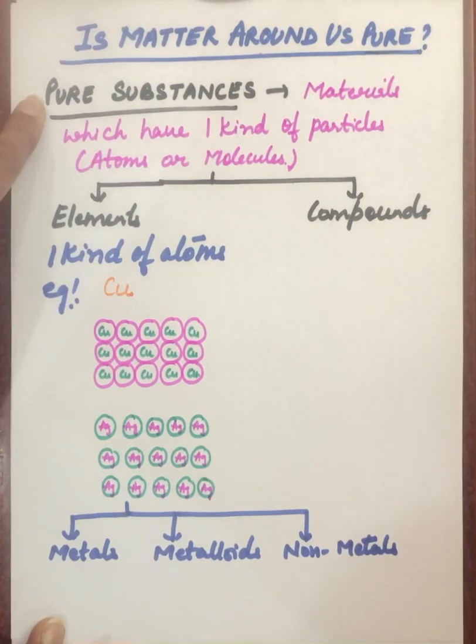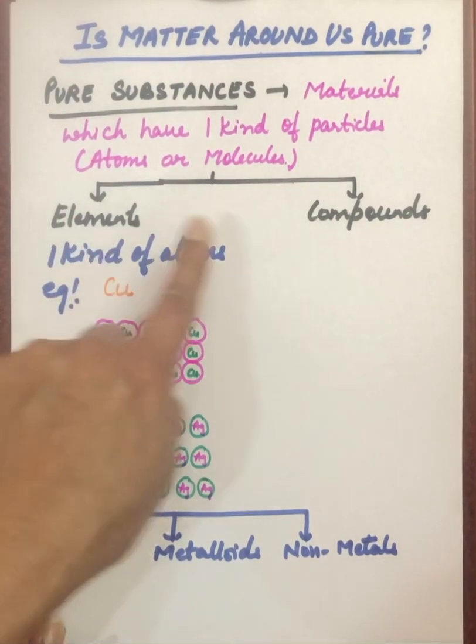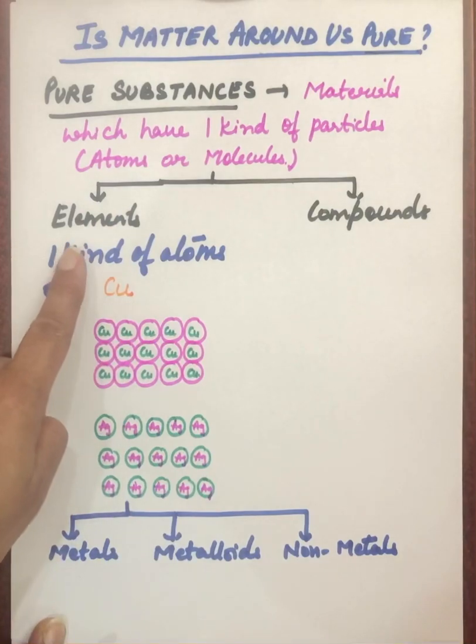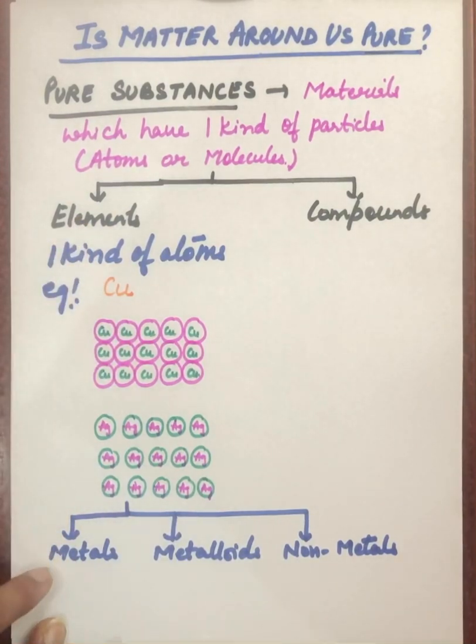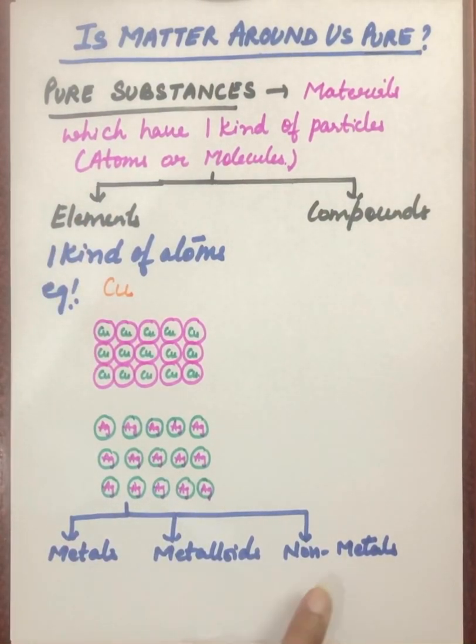First is pure substance, which is of two types: elements and compounds. Now we are studying elements. Elements further are of three types: metals, metalloids and non-metals. So our next topic is the properties of metals, non-metals and what metalloids are.